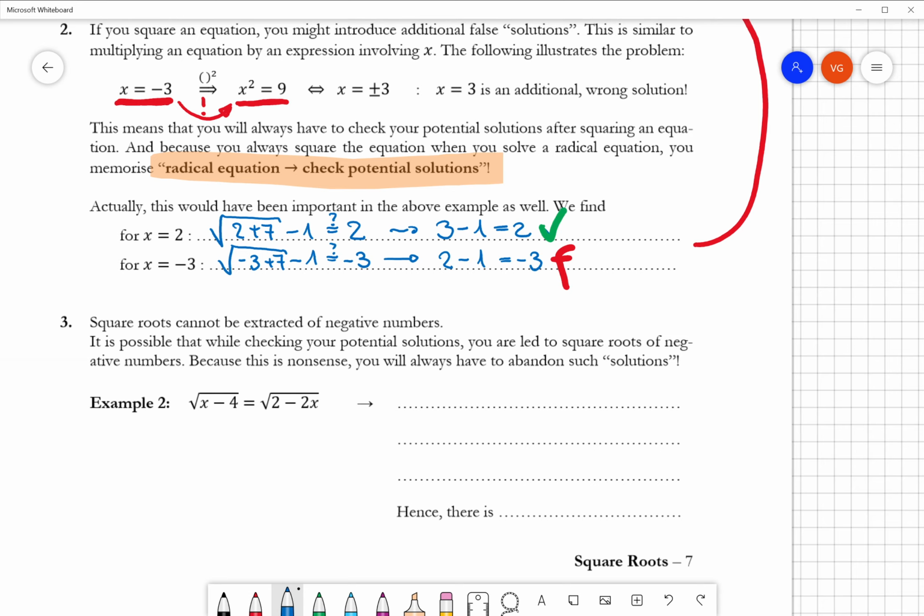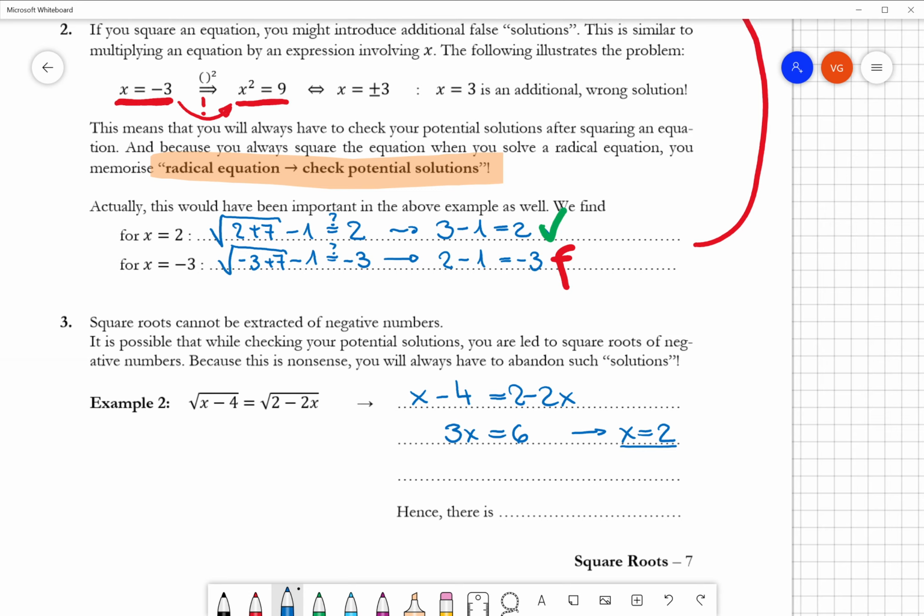We have both roots isolated on either side of the equation, and when we square, both will vanish at the same time. So squaring here leads to x minus 4 equals 2 minus 2x. Rearranging, adding 2x and adding 4, we find that 3x equals 6 or x equals 2.